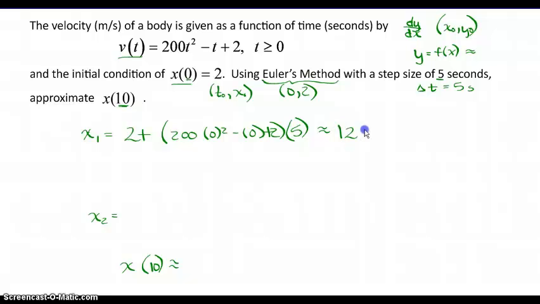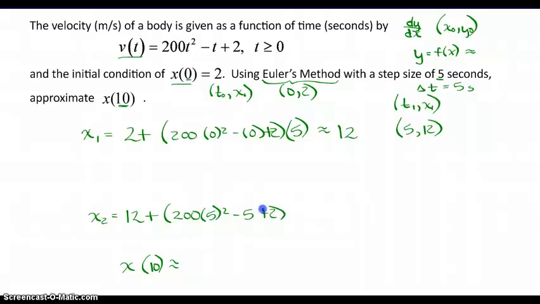So this is one where we actually may not have to have our calculator. So t sub 1, x sub 1 is now 5, 12. See how easy that is? So with one more step, it's the previous output plus the slope through the previous point. Oh, this looks like it might get kind of interesting.